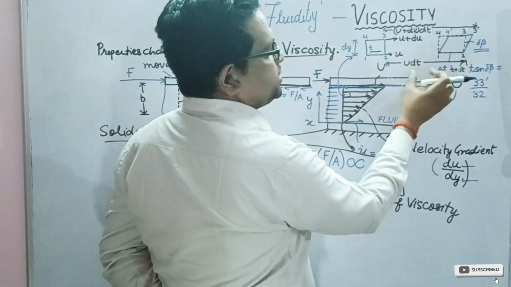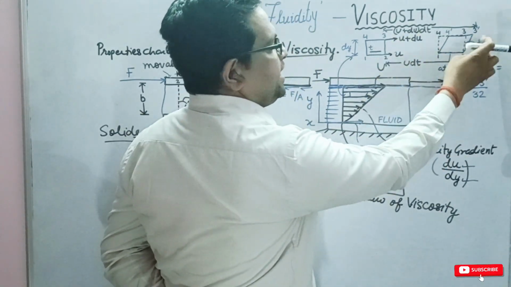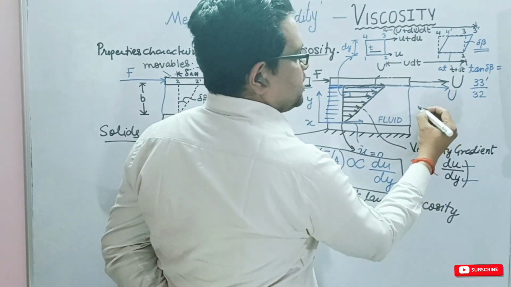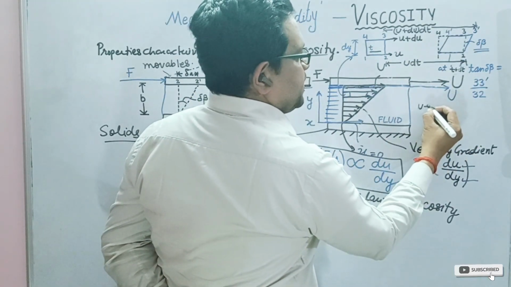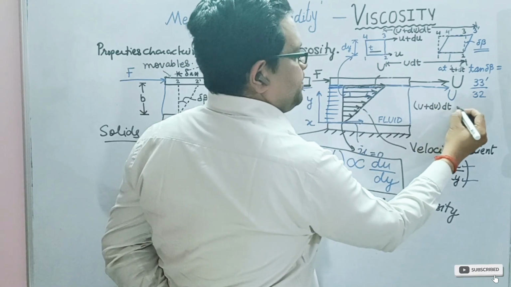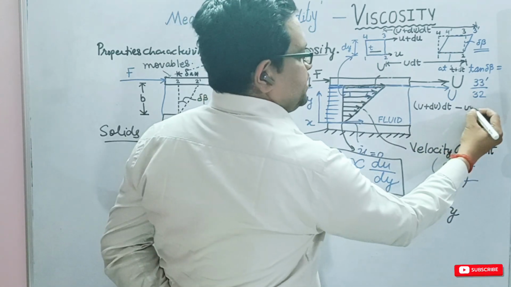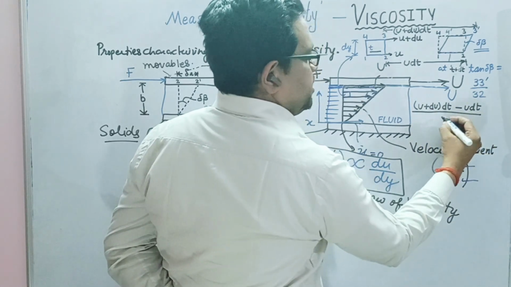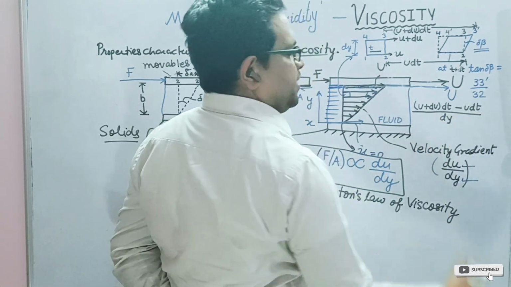Now, 2 is u dt, and 3 dash is u plus du into dt. So 3 dash can be calculated as u plus du into dt minus u dt, upon this 2 we have dy.